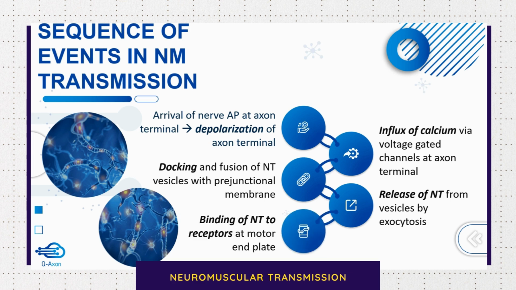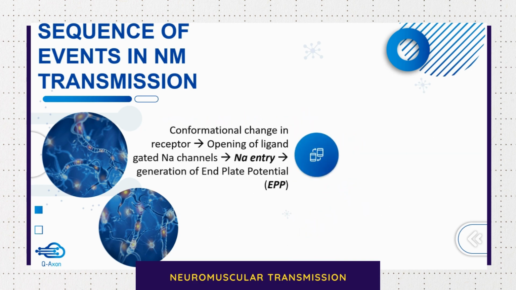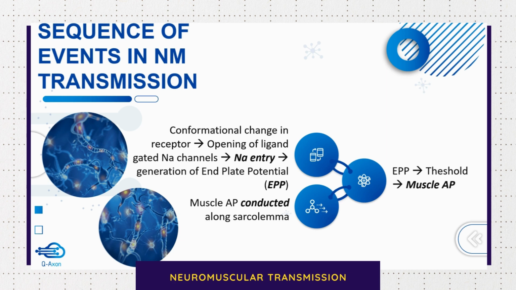And this acetylcholine binds to nicotinic receptors present on the motor end plate. Now, the binding causes opening of ligand-gated sodium channels leading to entry of sodium ions, generating what we call an end plate potential in the muscle fiber. So this end plate potential often reaches threshold and gives rise to a muscle action potential, which is in turn conducted along the sarcolemma of the muscle.